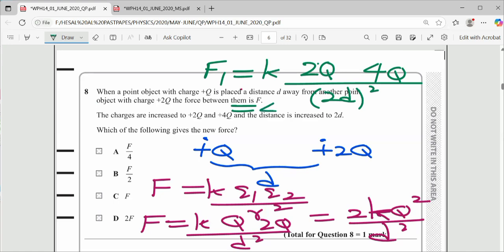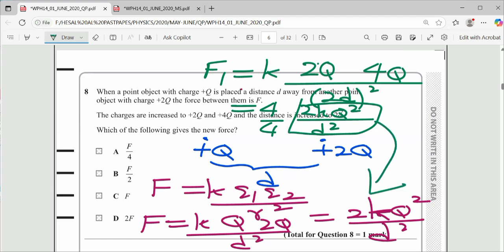I'm bringing 4 here. I get 2K Q squared. Here 2 squared is 4 D squared. What about this part? It's similar to here. 4 divided by 4, 1 multiply. This is F. So in here it equals F. The answer is C.